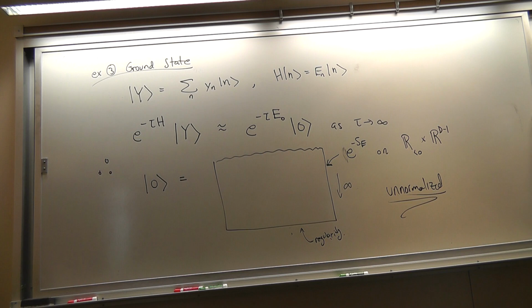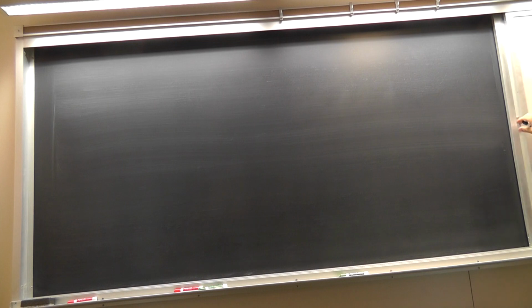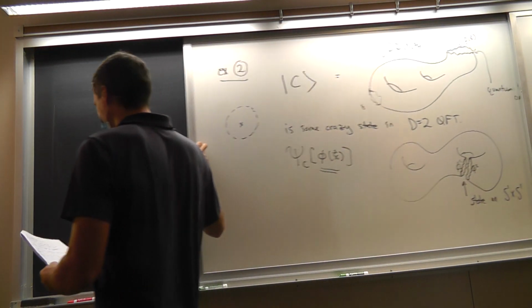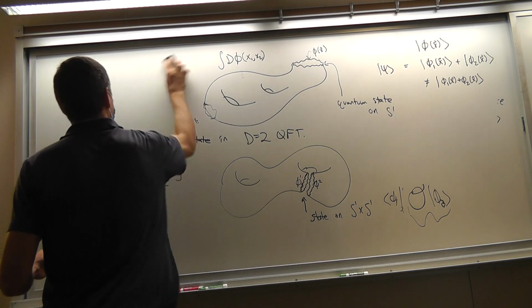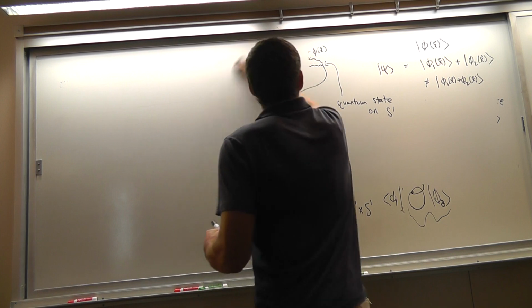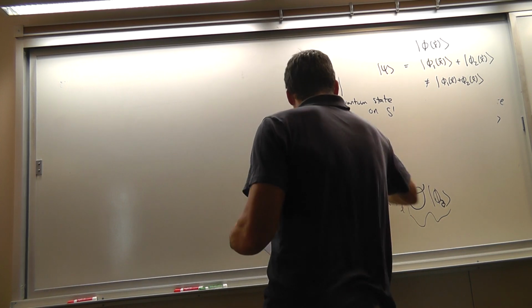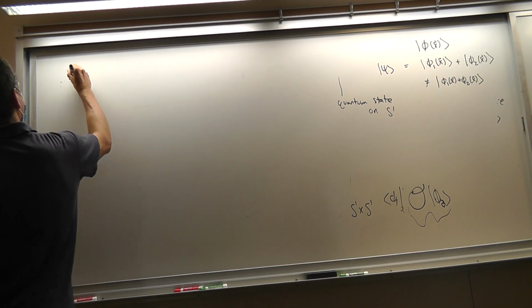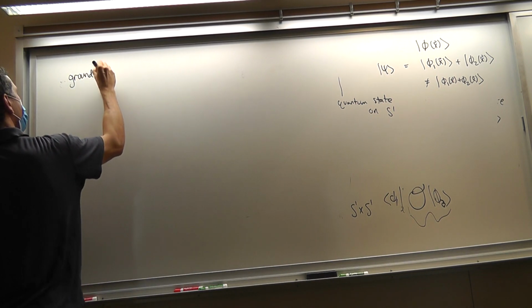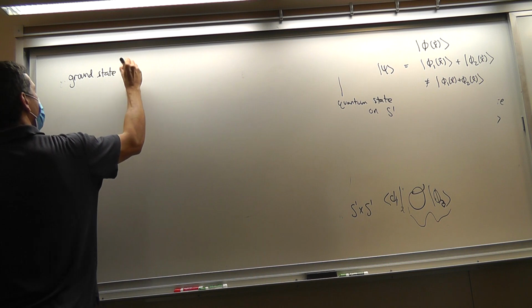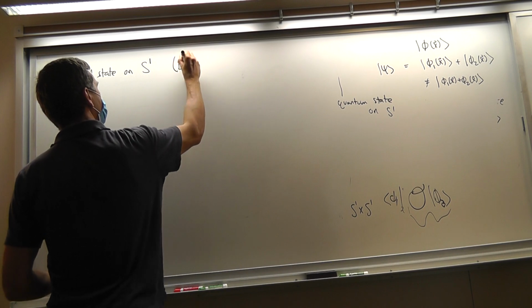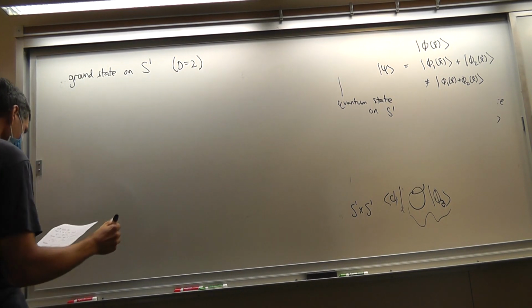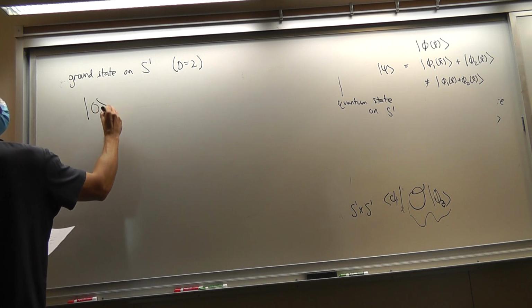Okay, so the ground state on S^1, let's say, for d equals 2, is |0>.